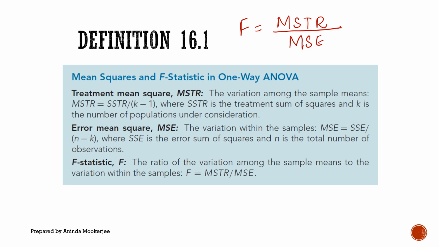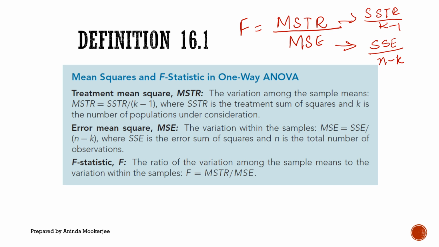MSTR has its own formula, which is SSTR divided by K minus 1. And MSE has its own formula, which is SSE over N minus K.